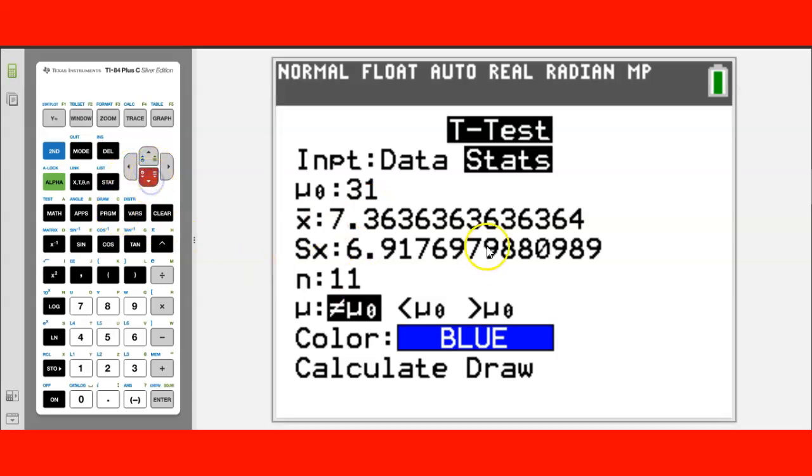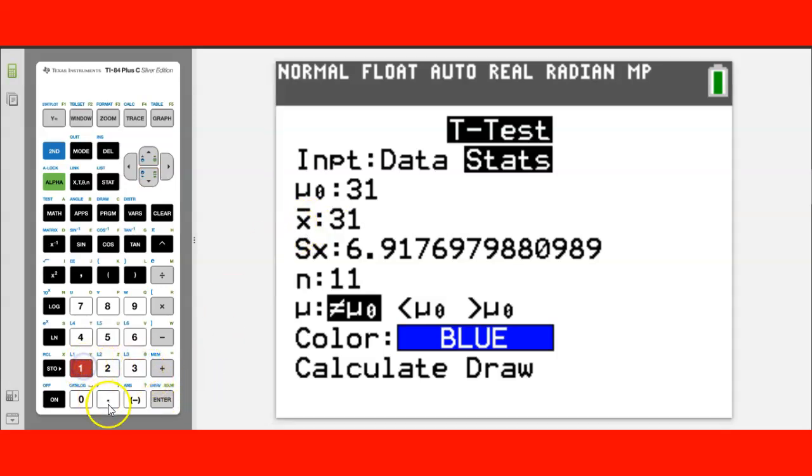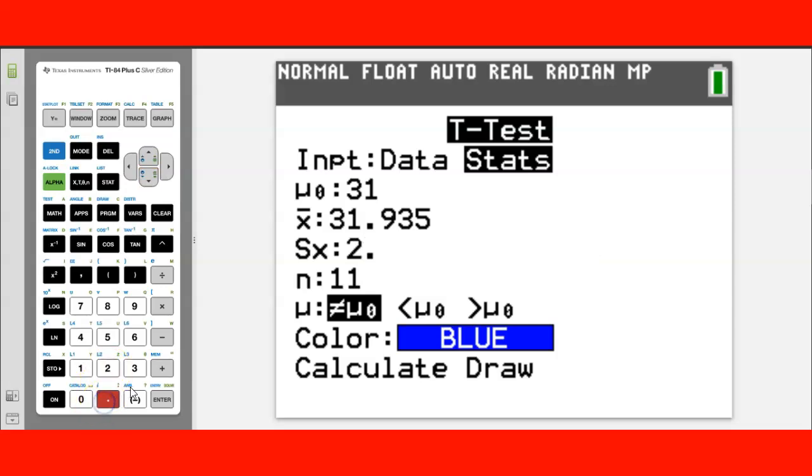I have no idea what this garbage is. That's from a different problem, I guess. Our x-bar from our sample was 31.935, and the standard deviation from our sample was 2.394. N is the sample size. In our case, it was 50.